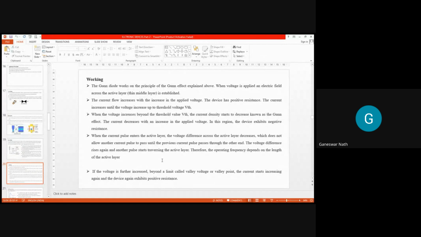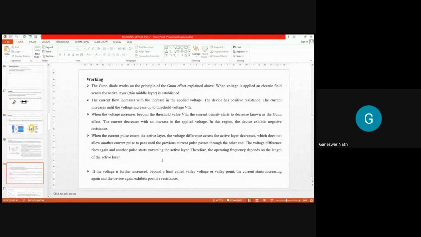The Gunn diode works on the principle of the Gunn effect. When voltage is applied, an electric field across the active layer is established. Once the active layer is established, the Gunn effect starts. The current increases with the increase in the applied voltage.